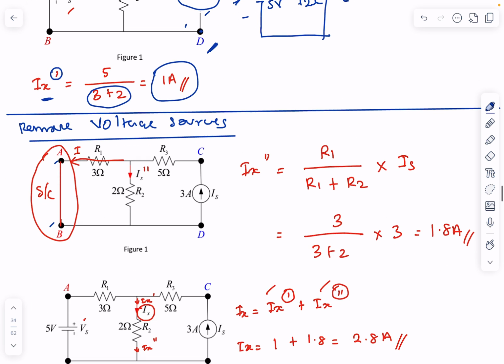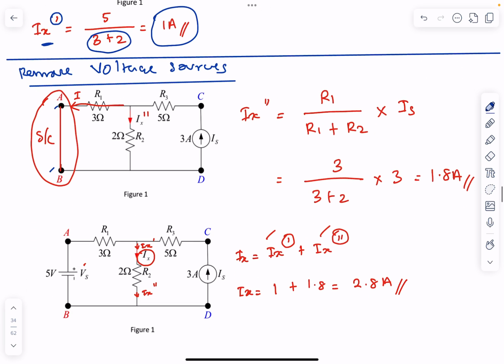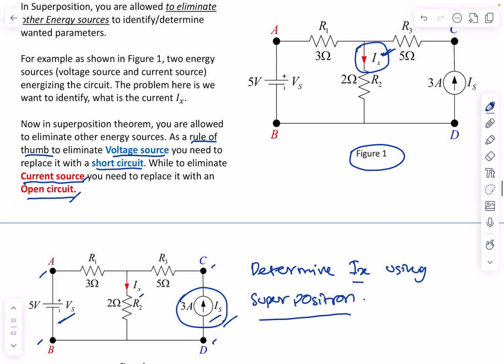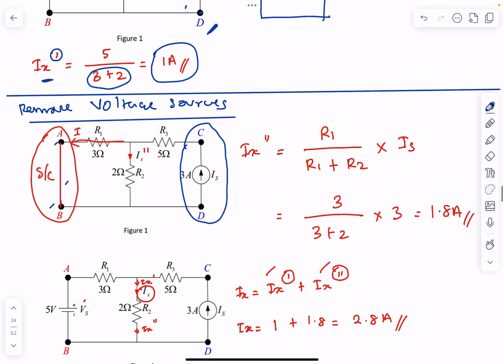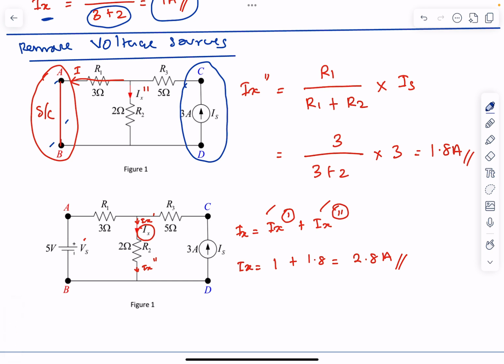Since you only want to remove the voltage source, you need to restore the current source. To eliminate a voltage source, you replace it with a short circuit, as you can see in this diagram. Now using this diagram, you need to calculate Ix.